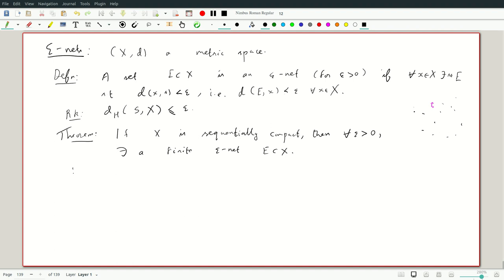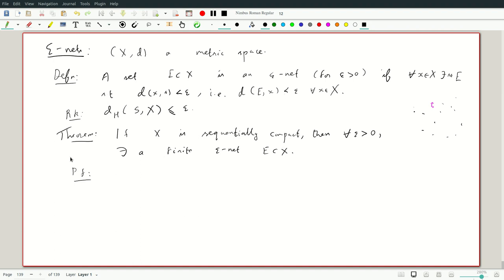This in general lets you study limits of spaces using what is called the Gromov-Hausdorff distance, but that's not part of this course. It will also let you study sequences of functions, many things.